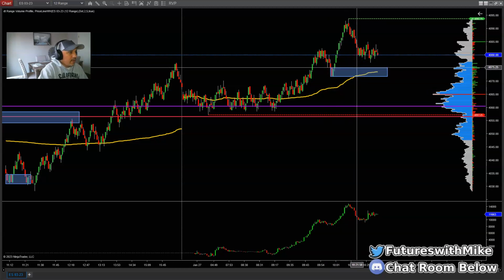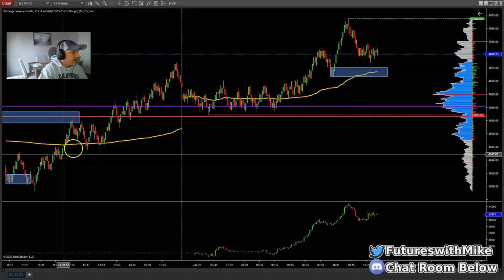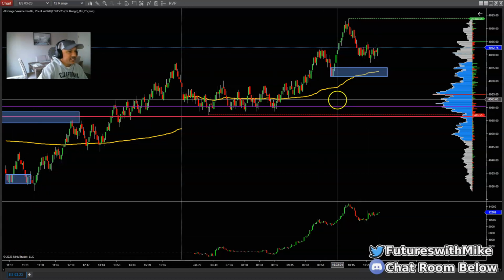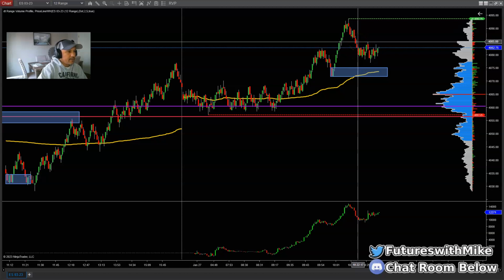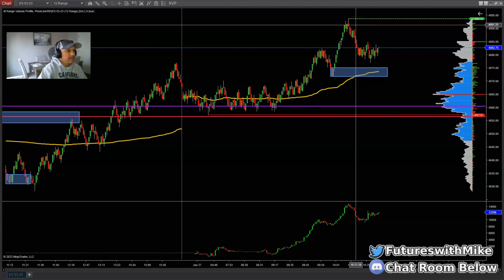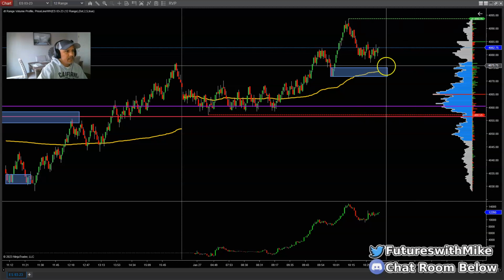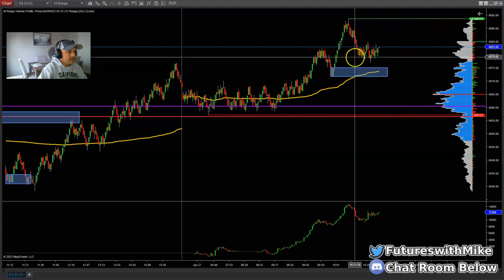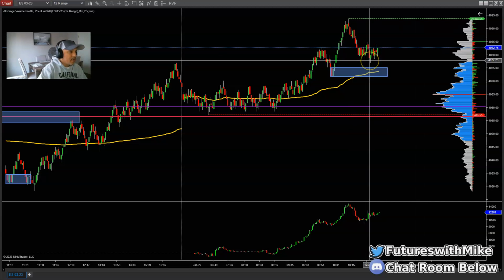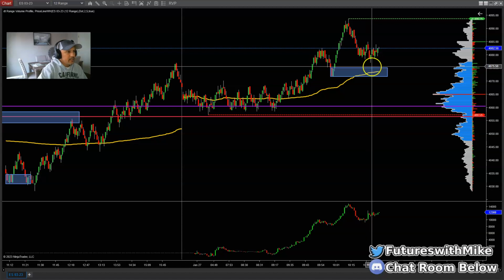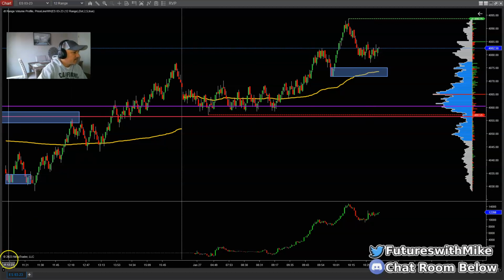So we'll wait to see what happens when price gets to this area right here. If it rejects here and breaks this area, I'm probably going to take a long to the upside. So we'll see. It's rejecting to push lower at this point, and coming down to tap into this area of demand.